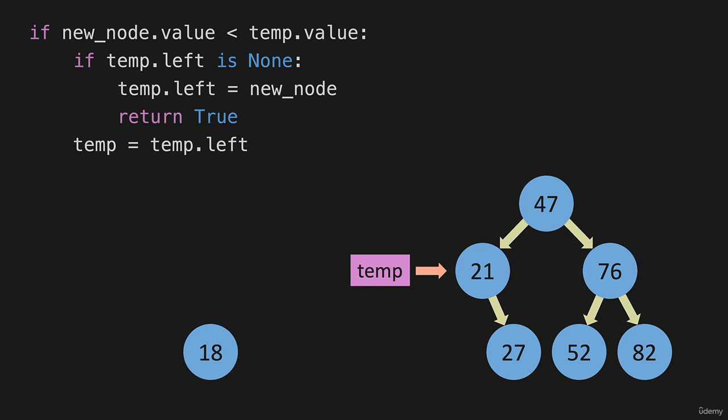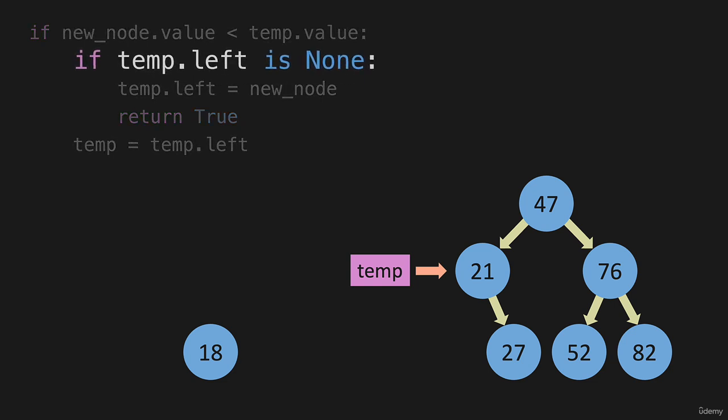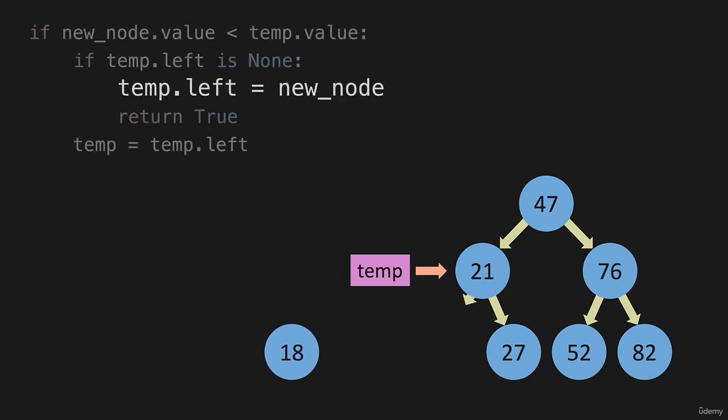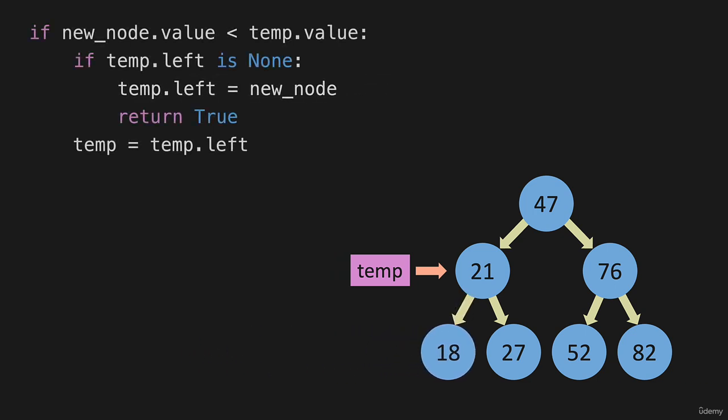So obviously we're going to go left because the 18 is less than the 21. So then we come to this line. If temp.left is None, and in this case it is None, then we're going to set temp.left equal to the new node like that. And then of course we'll return True, and we're done placing that node.